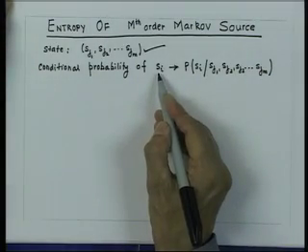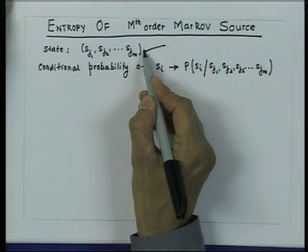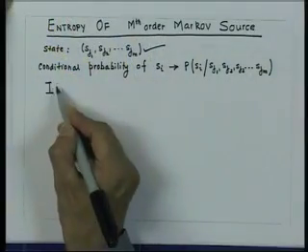So, when I receive a particular symbol Si given I was in this state, then the amount of uncertainty resolved, or the amount of information which I gain on the occurrence of Si in this state, will be given by I of Si given Sj1, Sj2 up to Sjm.